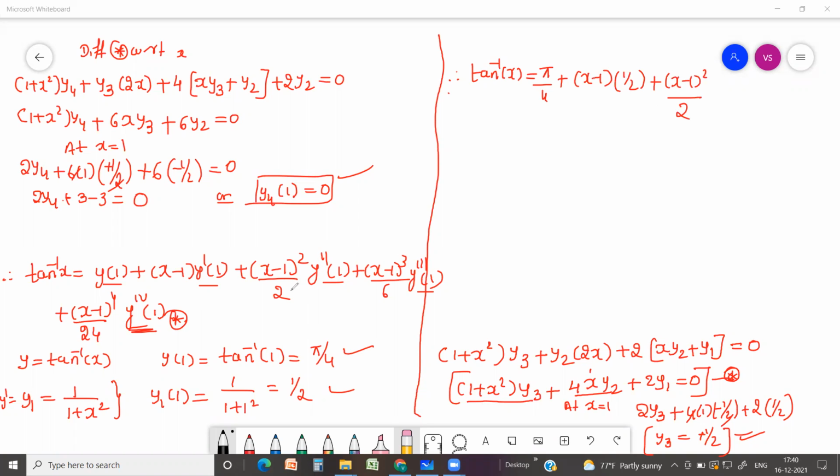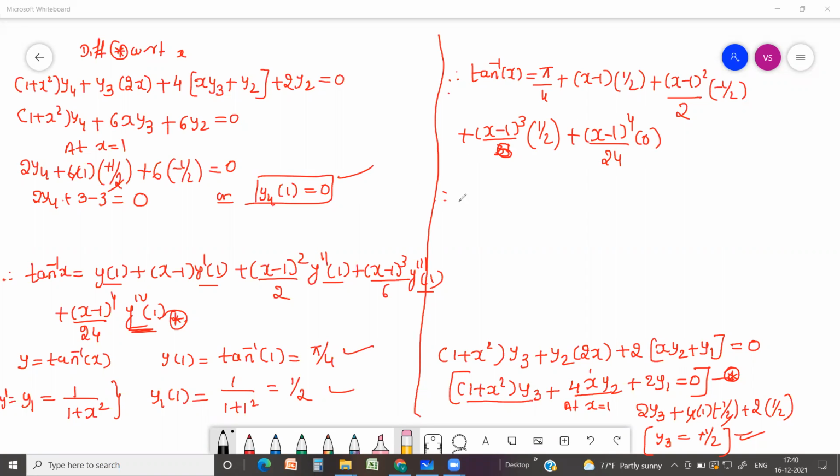So y double dash of 1, that is y2 of 1, we got as minus 1 by 2, plus x minus 1 whole cube by 3 factorial, that is 6, into y triple dash of 1, y triple dash is nothing but y3 of 1, that we got as 1 by 2. Then x minus 1 whole power 4 by 4 factorial is 24, into the fourth derivative y4 of 1, that is 0.